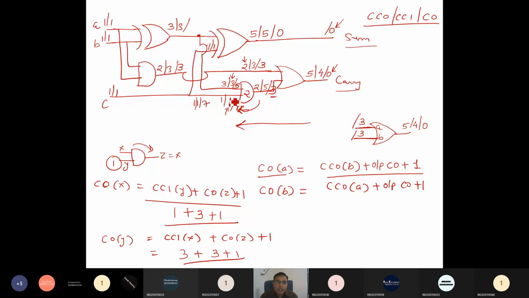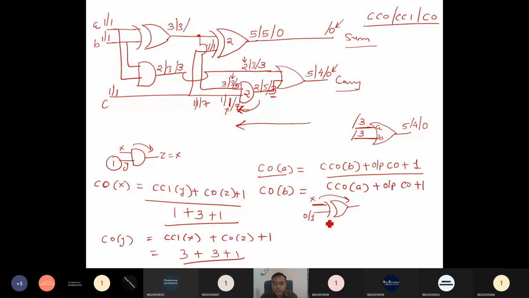Now let me calculate the observability for this XOR gate. In an XOR gate, if you want to observe this as an output, it can be observed by setting either 1 or 0, right? So whatever the minimum is, we have to take it.